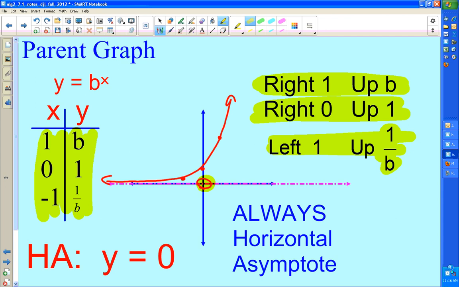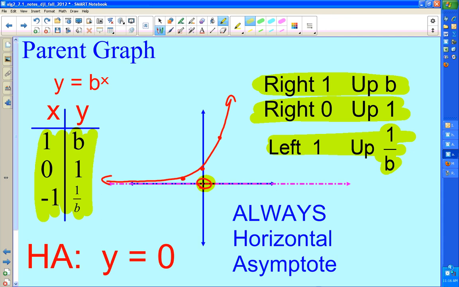It's still an important point, and it's where we start everything from, but it is not a point on the graph. And no matter what the value for b is, as long as b is greater than 0, and b by definition has to be greater than 0, we can never get a negative value for y.